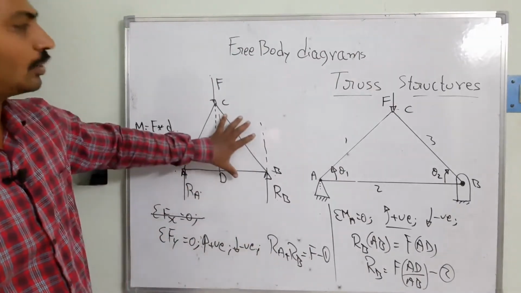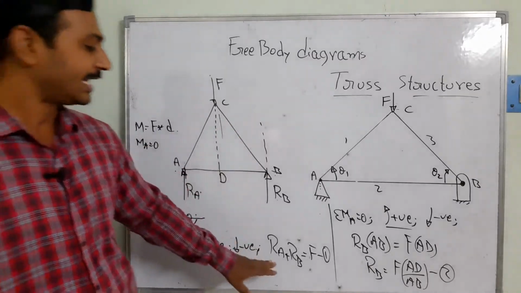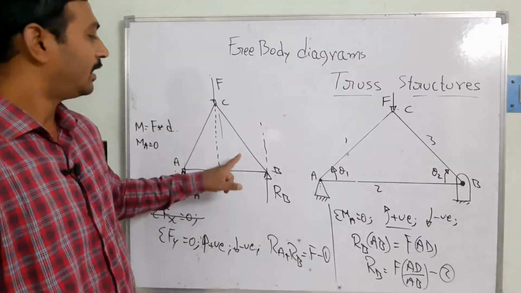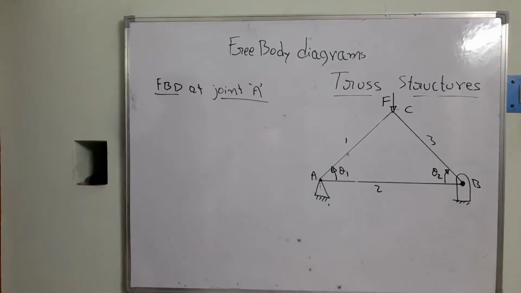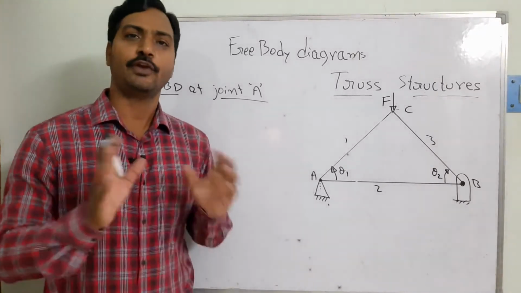So from this total free body diagram, I have found RA as well as RB, the reactions. Now we need to find the internal forces in these members. To find the internal forces, we need to take free body diagrams at different positions.